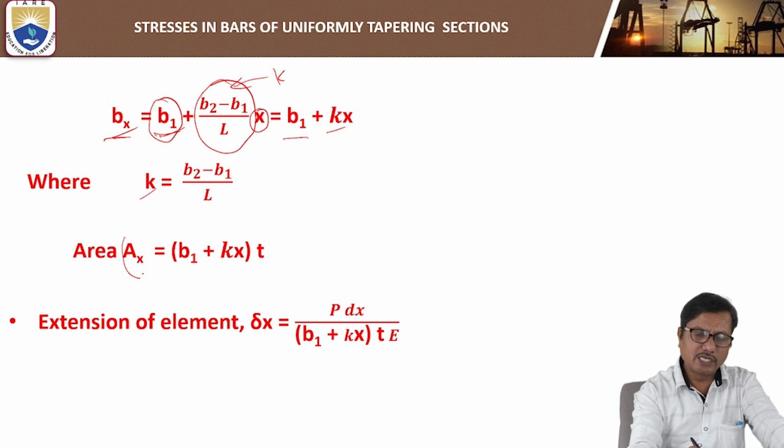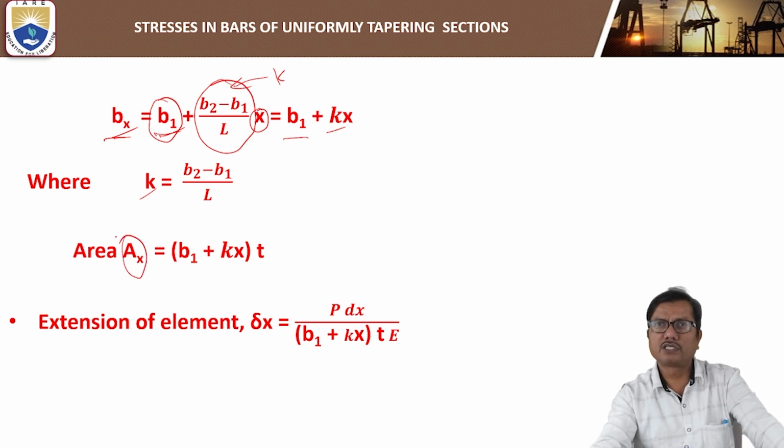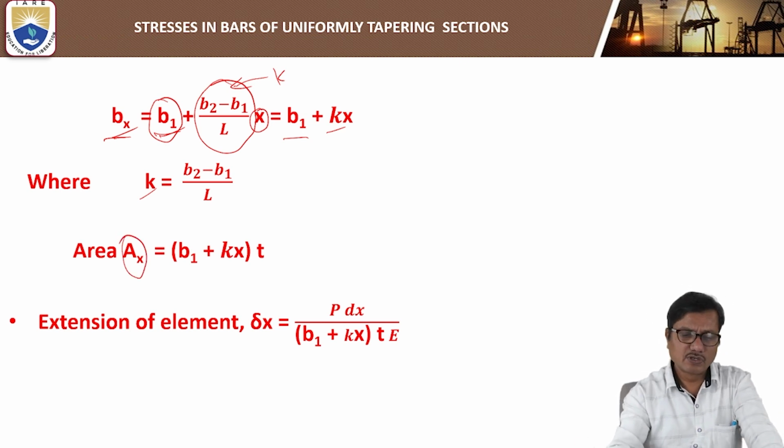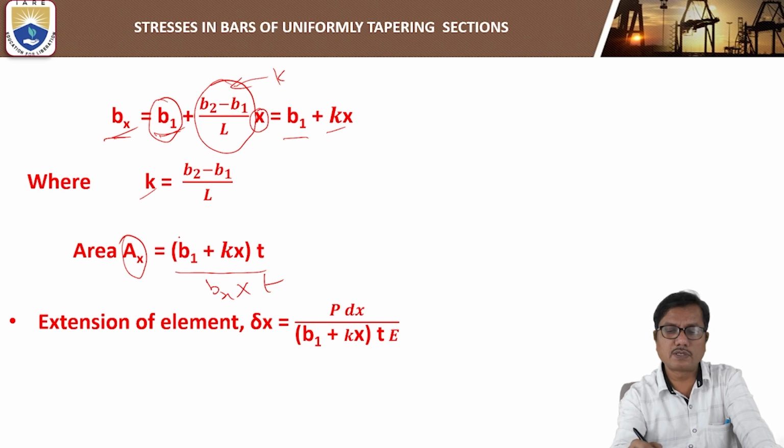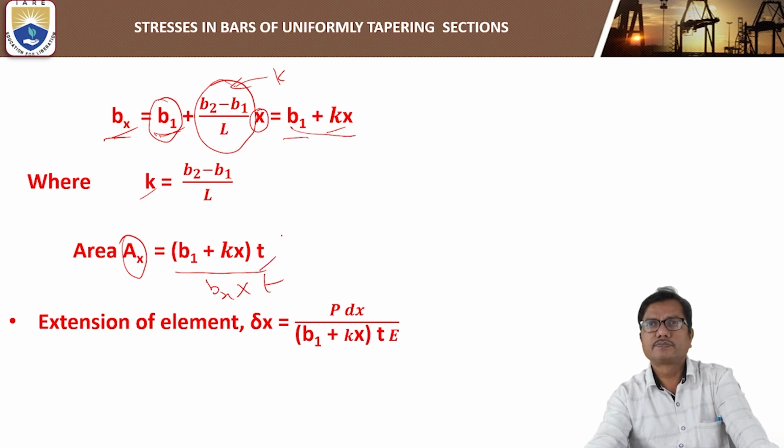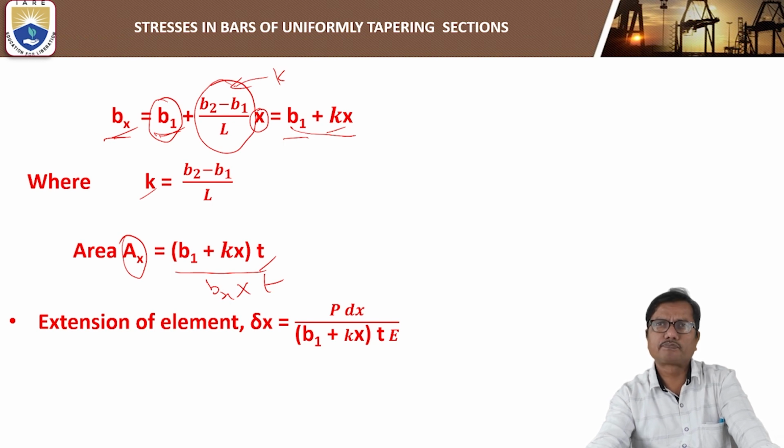So what will be the area now? The area of cross section at distance x is the width bx multiplied by thickness. So (b1 plus kx) multiplied by thickness gives the area.